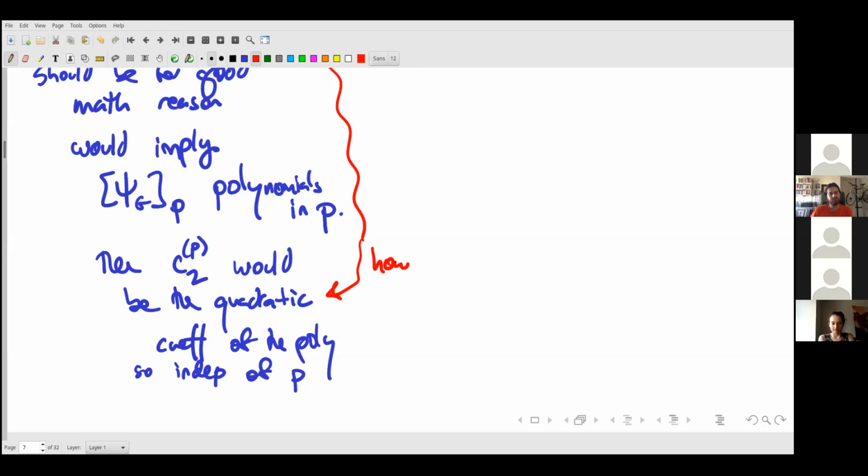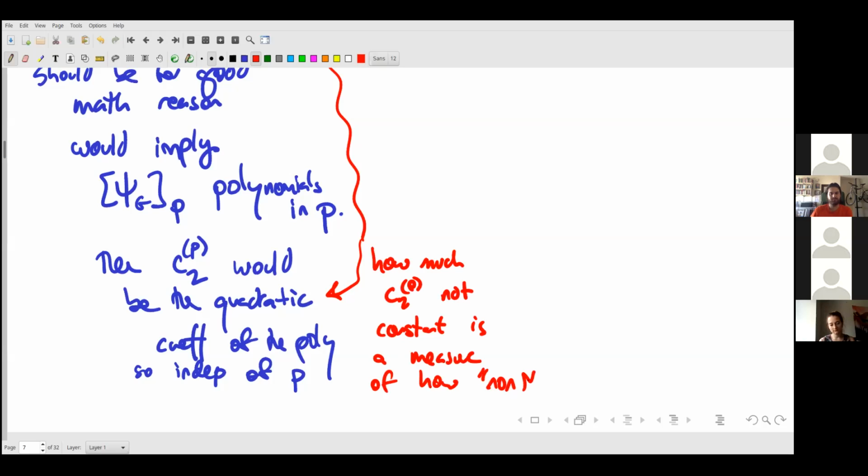So how much C2P is not constant is a measure of how sort of non-multiple zeta value PG is. And so this ends up being really interesting.